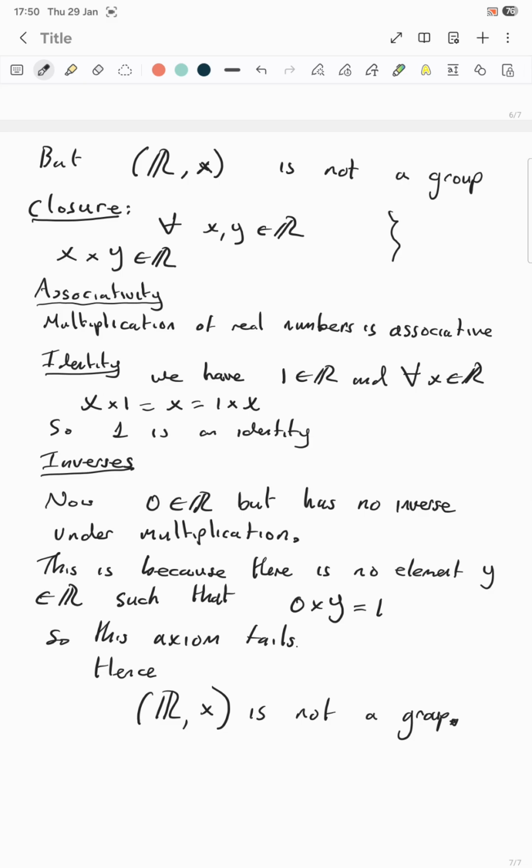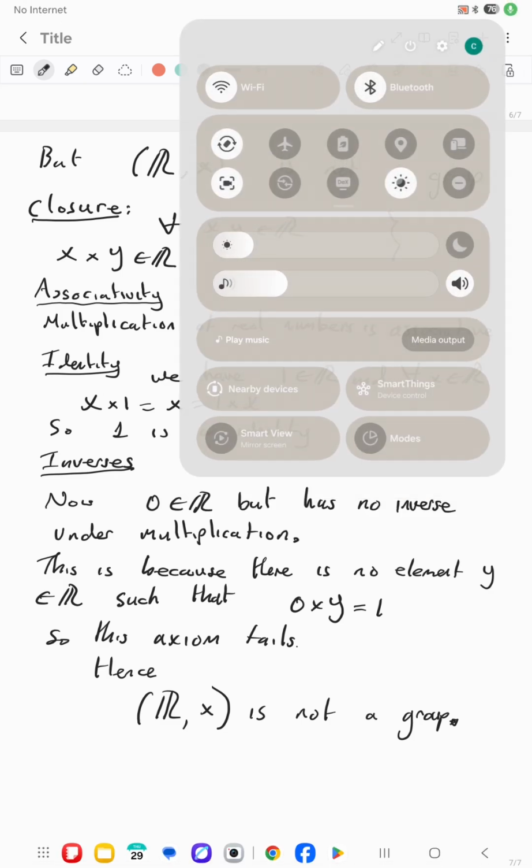And our identity, we have 1 contained in the reals, and for all x contained in the reals, x multiplied by 1 equals x equals 1 multiplied by x, so 1 is an identity. Now inverses, now 0 is contained in the reals but has no inverse under multiplication. This is because there is no element y contained in R such that 0 multiplied by y equals 1. So the axiom fails, hence R under multiplication is not a group.